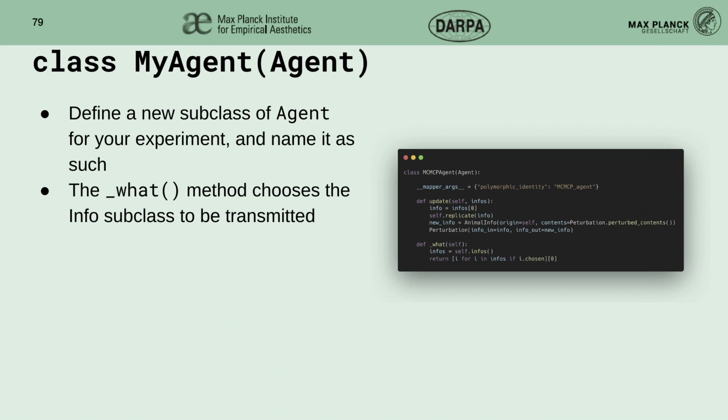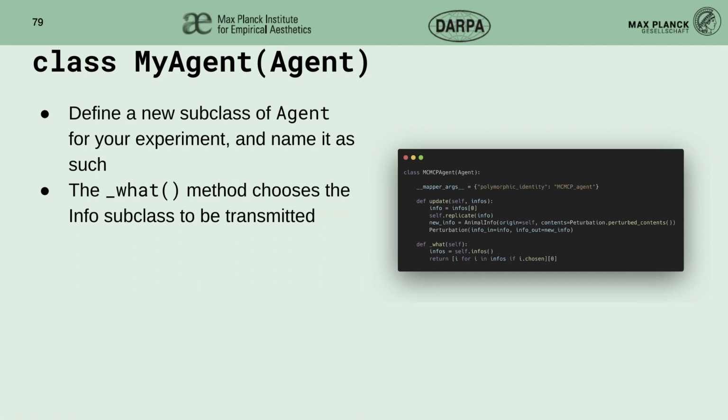So what this does is, this particular agent always transmits the perturbed one, and it does that kind of indirectly by saying it's the 0th element of all of the infos available for this agent, and it happens to know that it's sorted such that this new one it's created is always going to be the first one to come in. So this could be more clearly shown by doing self.transformations 0.info out. Might be a better way of showing that.